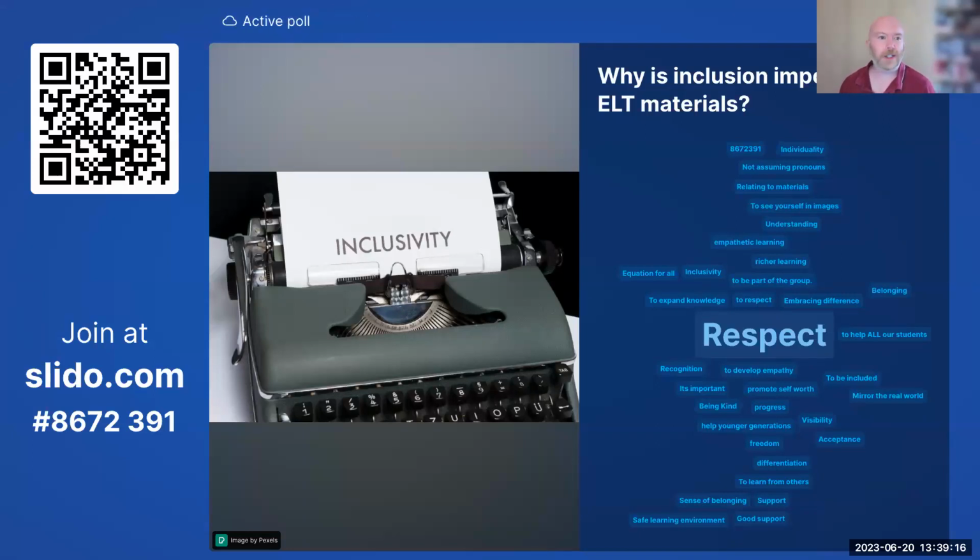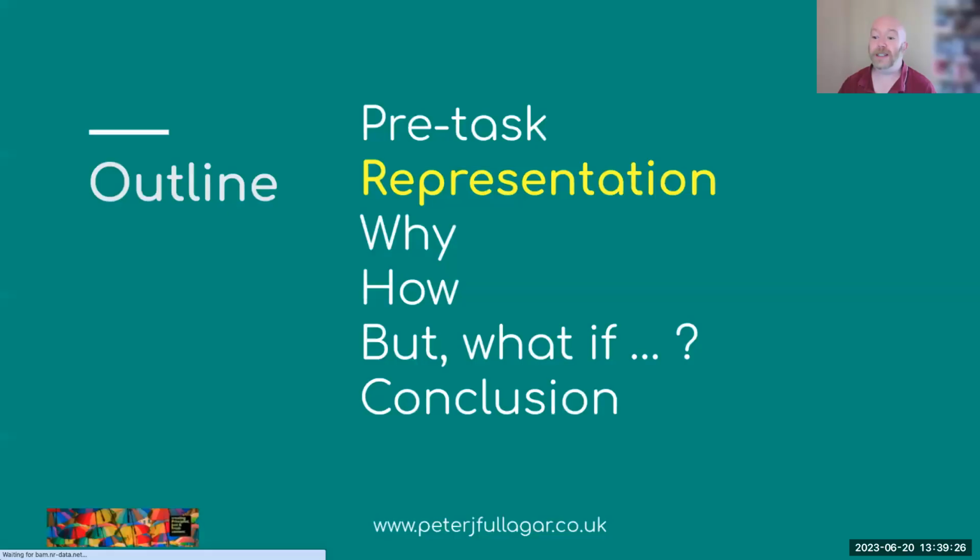I might be able to take a screenshot of this a bit later and share through my socials. So I'm going to move on from this particular page and then go to the next page. So representation, when we think about, thank you, Helen, utilizing, yes, I'll be talking about that a little bit later.